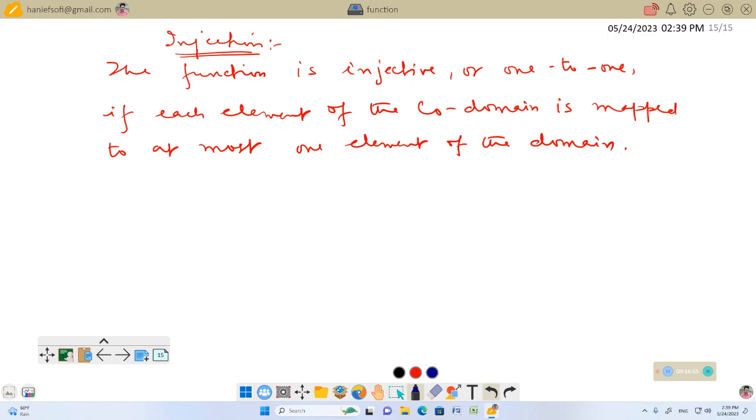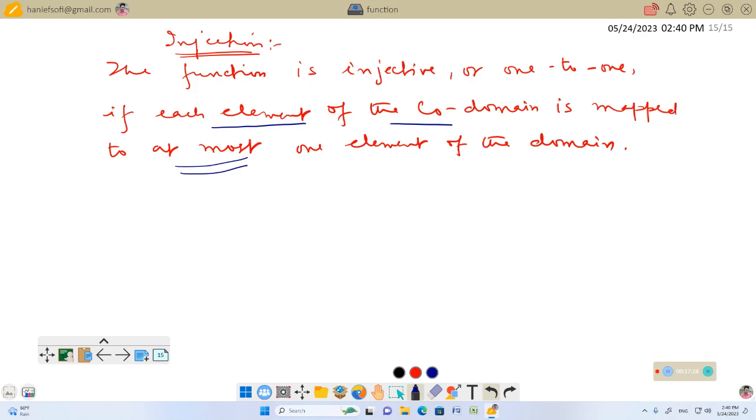If we have a function such that each element of the codomain is mapped to at most, underline this, one element of the domain, then this function is called injective, or we call it an injection.